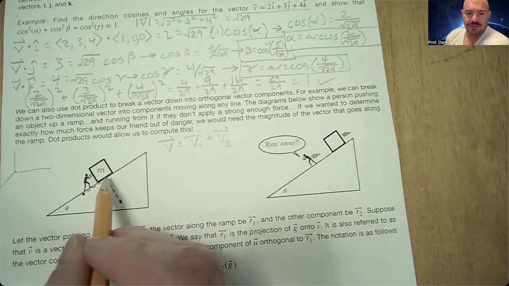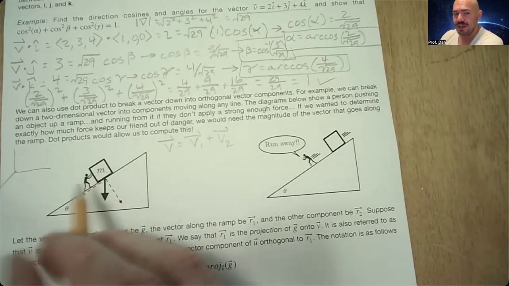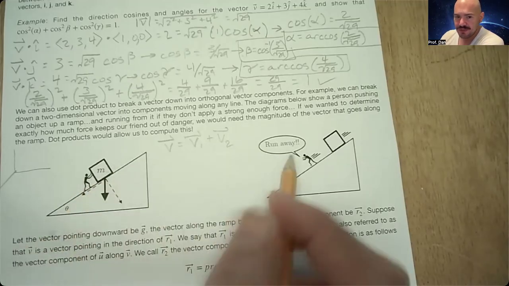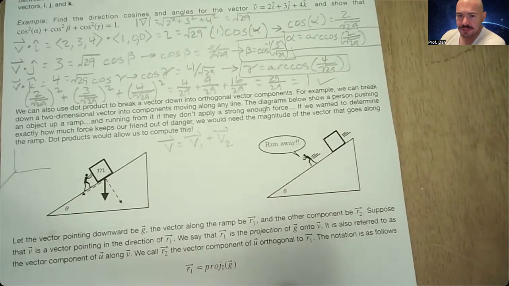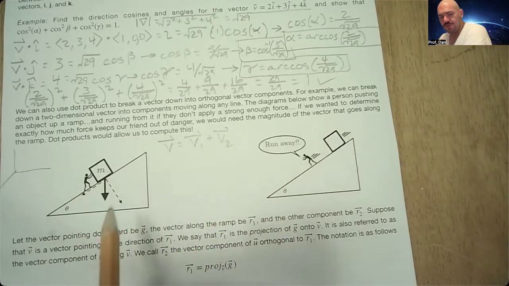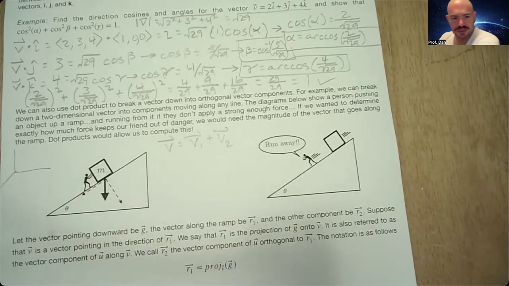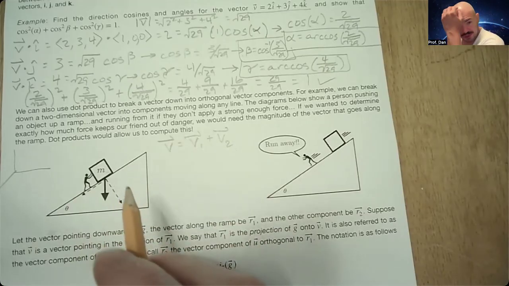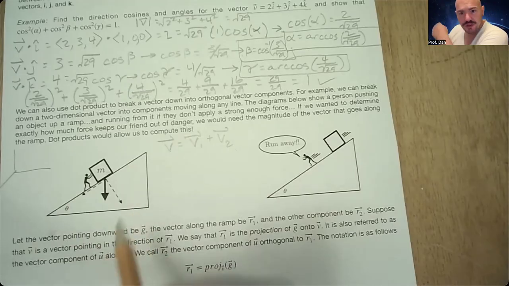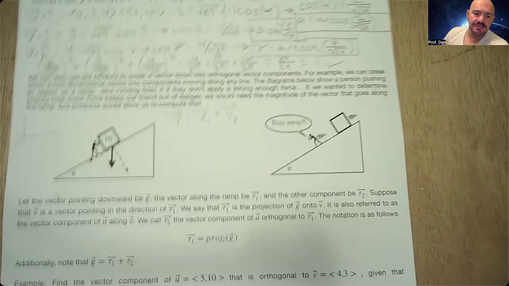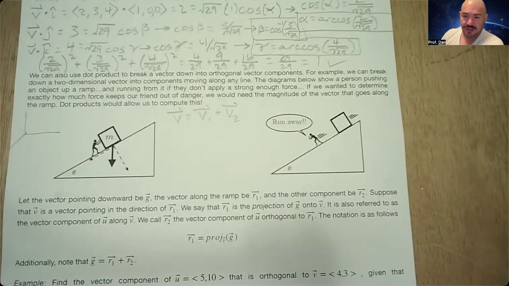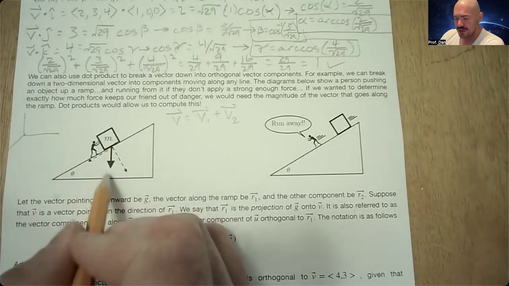Whatever the magnitude of this is, that is the force that needs to be applied to keep the box from moving down the ramp. If we exceed that force, then we'll be moving the box up the ramp. There are a lot of things that come into play there. Gravity is only one of the forces being applied, but for the sake of understanding this concept, let's only look at this one vector.